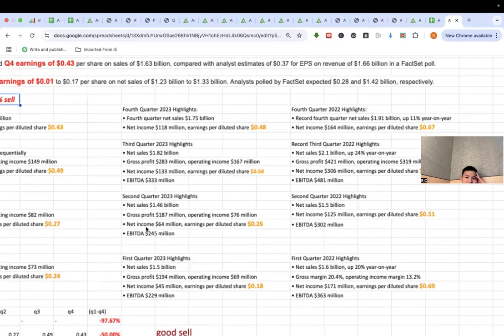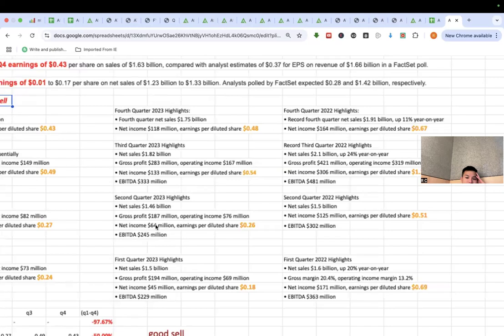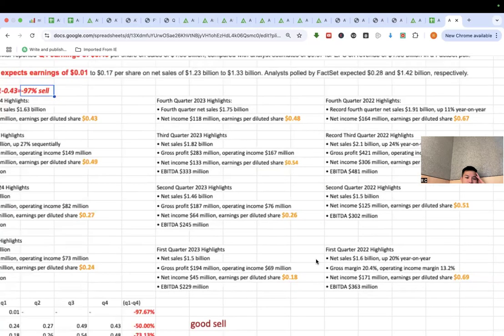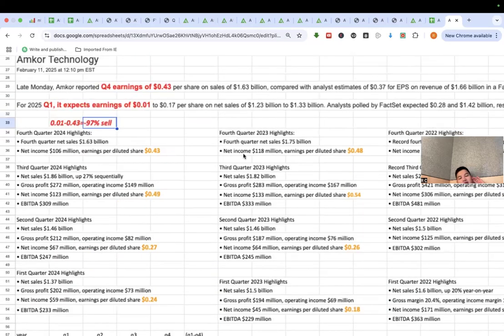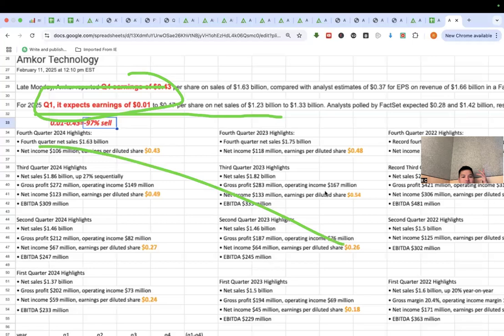It looks like it's already happened in the past. Net sales billion up 20%. These are all results. Highlights are results. We want the guidance. I only see one guidance in the whole page, and that is this. The rest of this is not guidance.